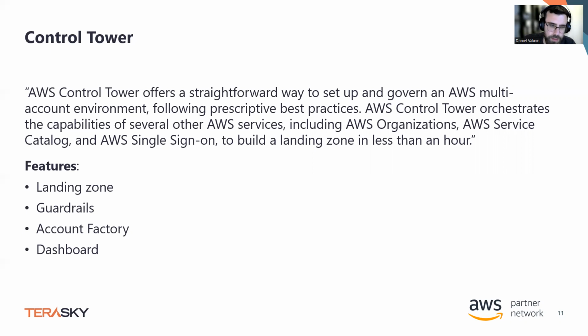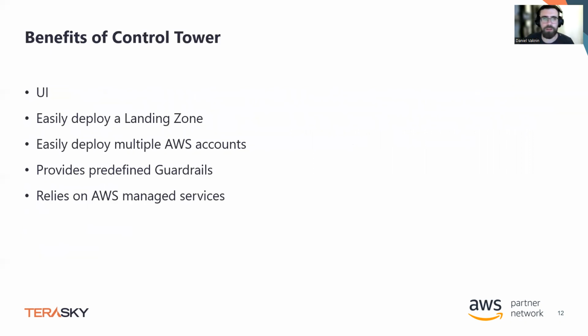And that's the UI. So if we talk a little bit about the benefits of Control Tower, first of all, I think the UI is one of the main benefits. You can easily deploy the landing zone with one click, as I said, like 1 hour, and then you have the landing zone ready. You can easily deploy multiple AWS accounts.